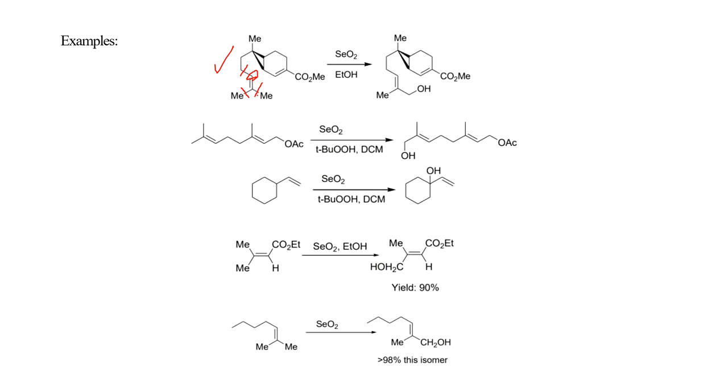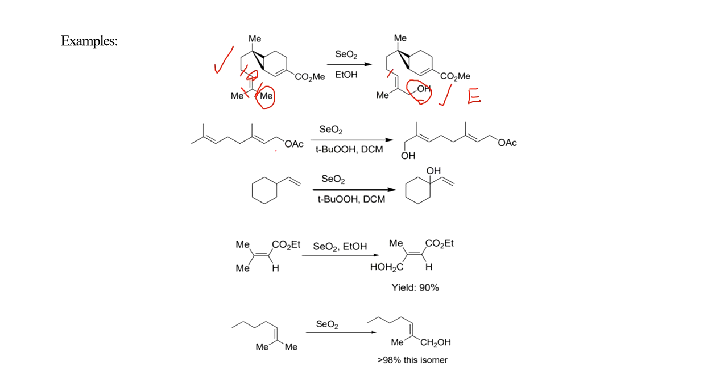Usually the more substituted end will be getting oxidized, and hence this methyl group gets oxidized to alcohol, and this product is obtained. Here you can see this alcohol group and these groups are E to each other, and hence E product is formed. E product is more stable.